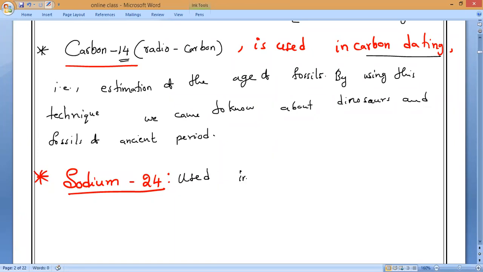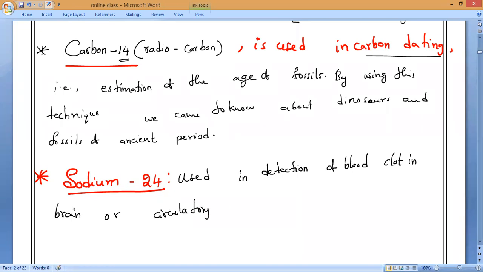Which part is clotted, we can detect with this isotope only. Used in detection of blood clots in the brain or circulatory system and other delicate parts.